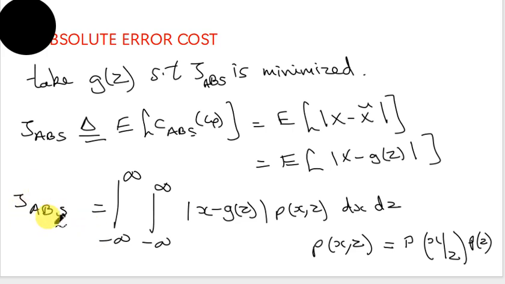In order to minimize J_ABS, it is enough to minimize the term inside the brackets for every value of z. This is true since p of z is always positive, as is the term in the brackets.